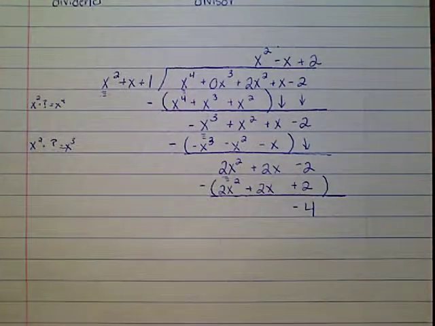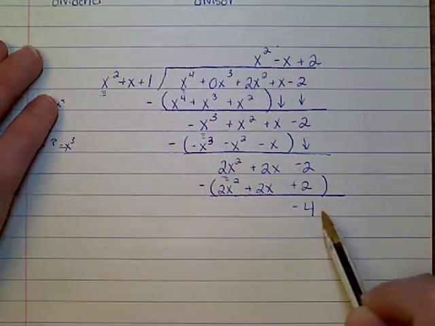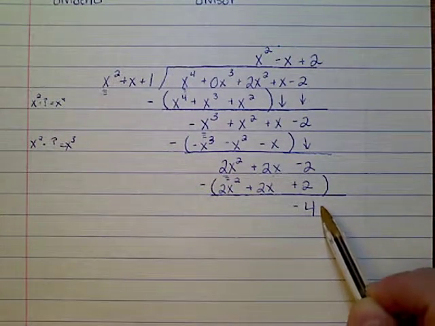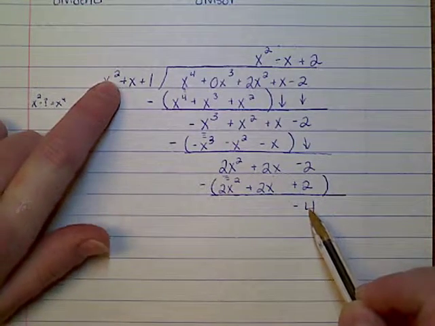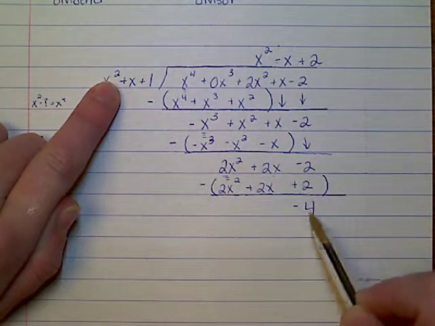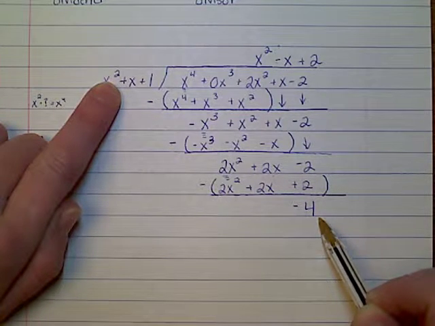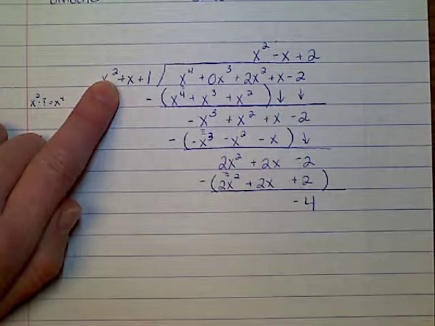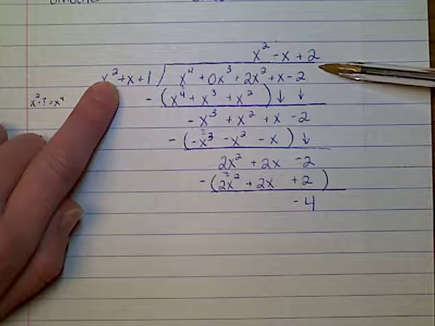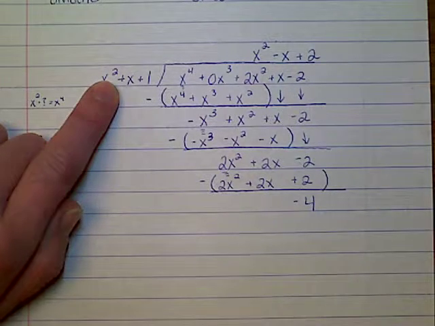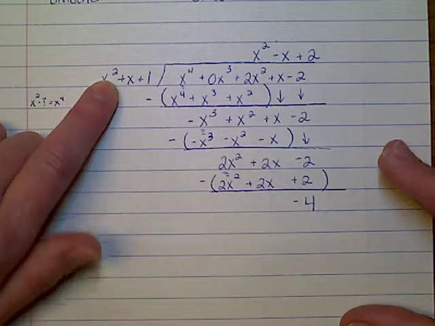Okay, and here's a couple reasons why I know that the division process is done. One, we don't have any x's left. As soon as the degree of your divisor is more than the degree of what's left down here, this doesn't even have an x, then you're done. Another clue is we got to the very end of the dividend here, so we don't have any more terms to bring down. So that's another clue.